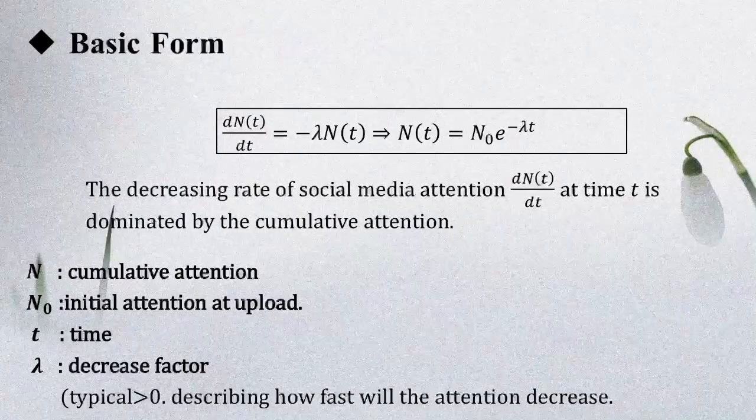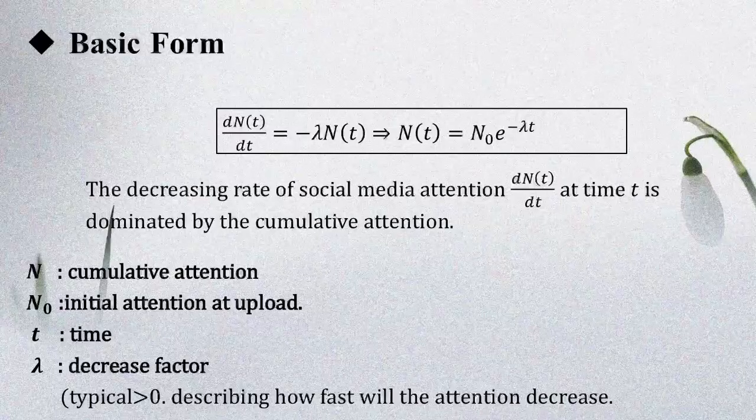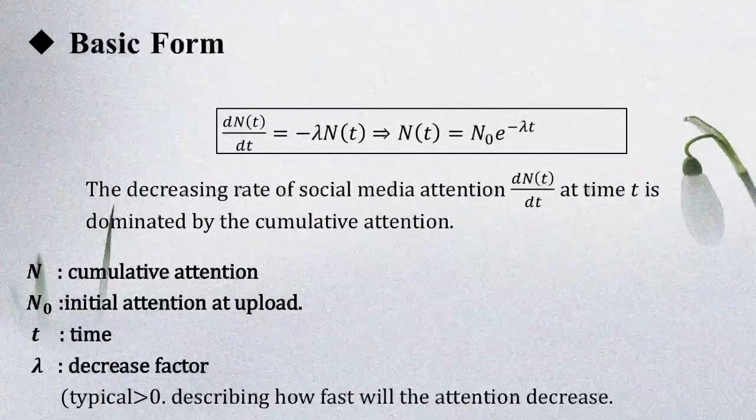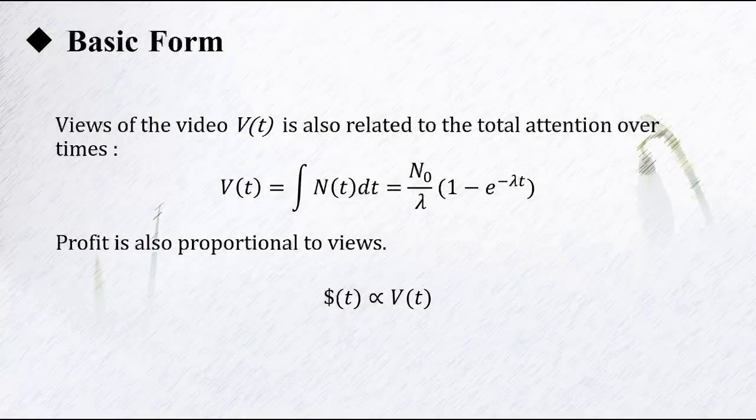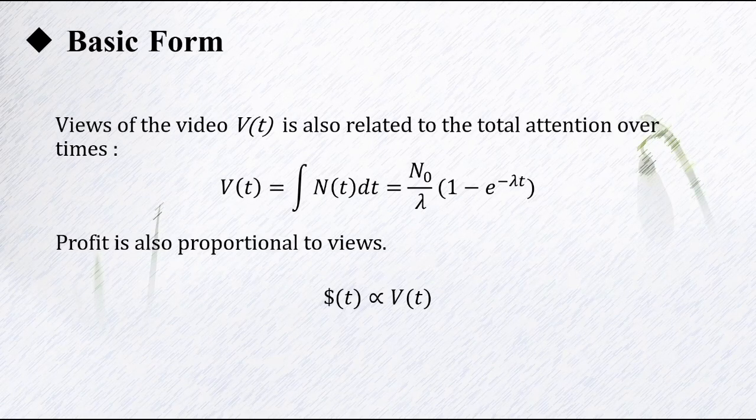Finally, in the next part, my teammate will introduce how we can extend this model to account for videos that go viral. By looking at the basic model of how a video's views grow over time, we denote the number of views at time t as V(t).